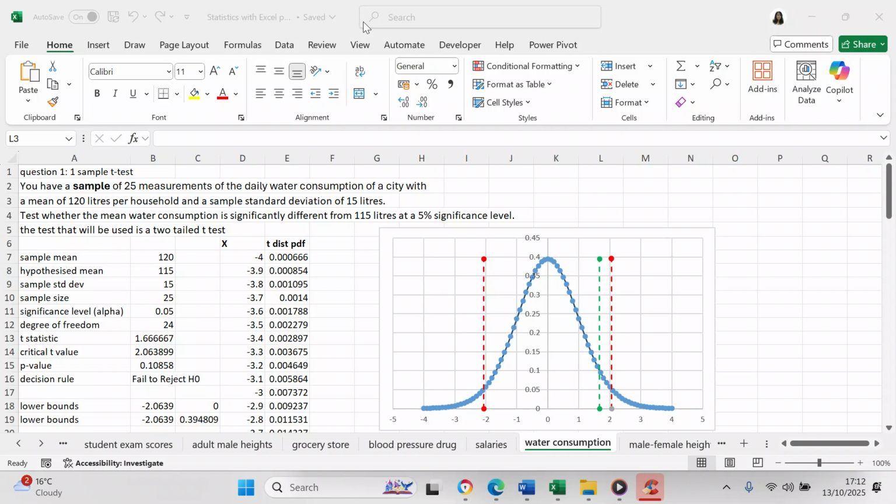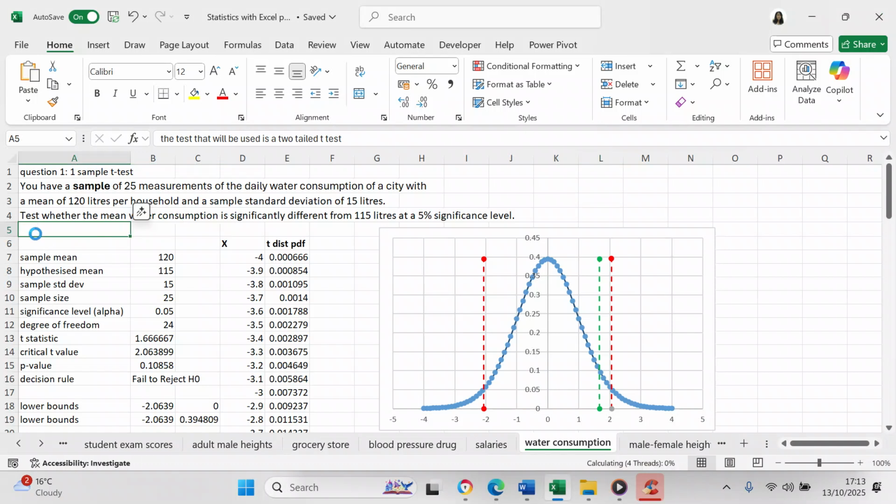The test will be used as a two-tailed test, but we're using a one sample t-test, so I'm just going to delete that. The sample mean is 120 and the hypothesis mean is 115.